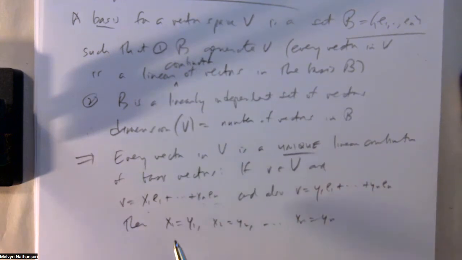So this is what it means to say that a vector is a unique linear combination of the vectors in the basis. When you write v as a linear combination of the vectors in the basis, there's one and only one way to choose the coordinates.